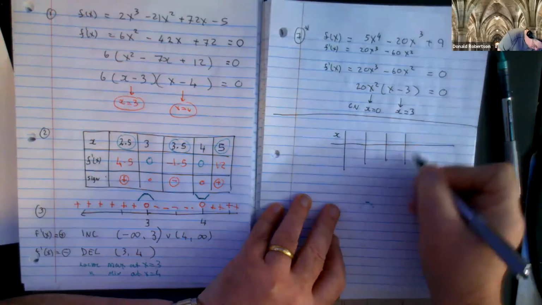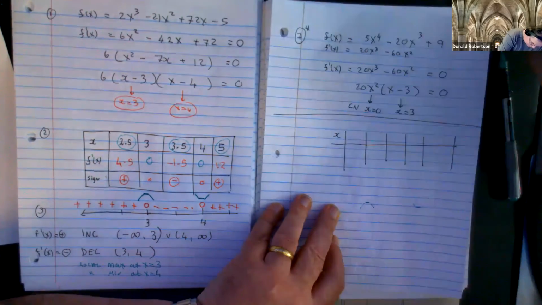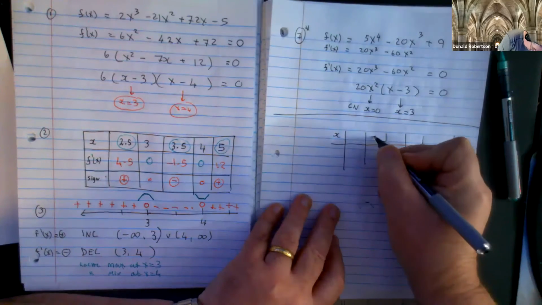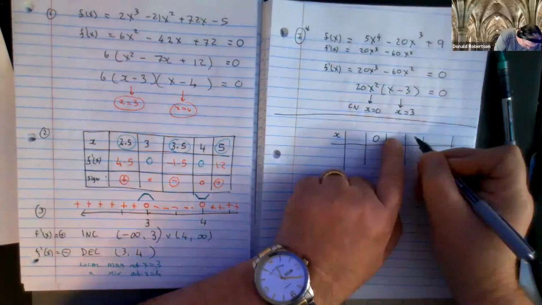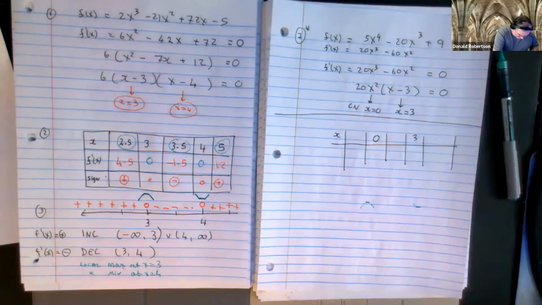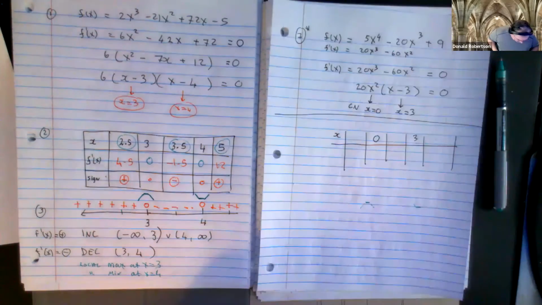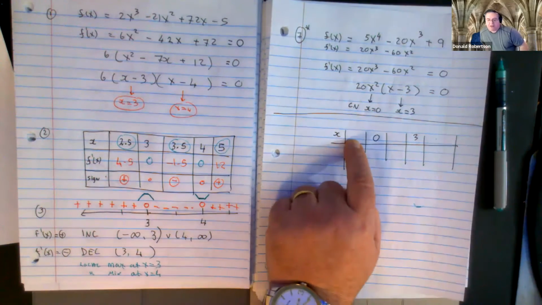1, 2, 3, 4, 5. And I'm going to be putting 0 here. Right, space, 0, space, 3, space. Okay, you tell me, what kind of test point for x should I put in this box?